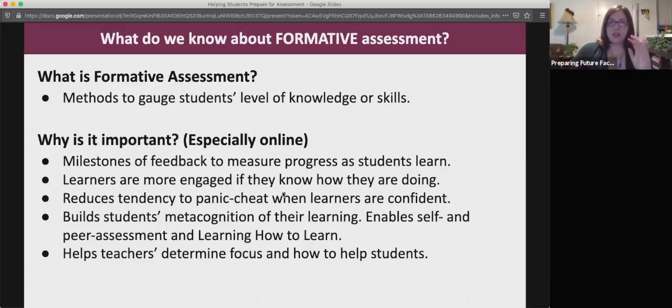For instance, what if I have a quiz? And this is probably foreshadowing where we're going. But instead of assigning that quiz for a grade, I have students take quizzes to see where their knowledge base lies.